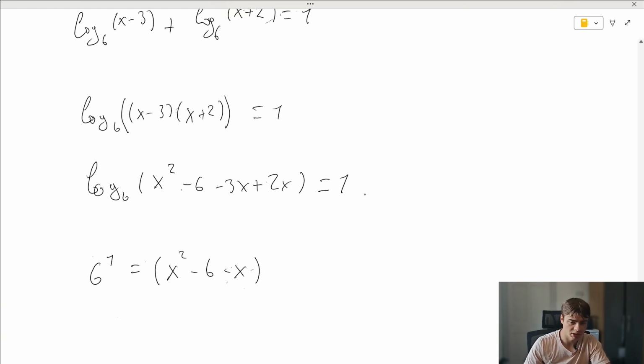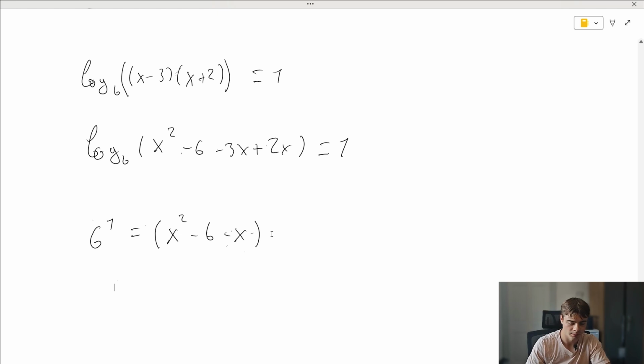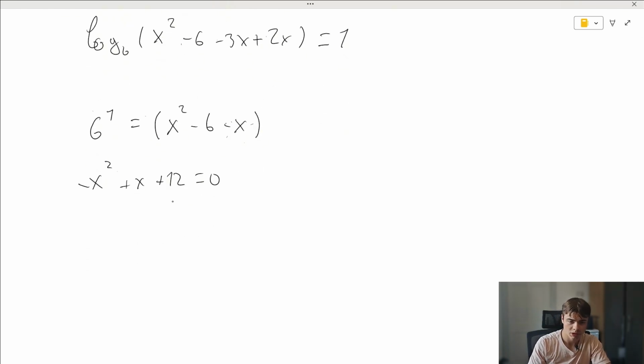We can move everything to the other side, so we get a normal quadratic equation. Minus x squared plus x plus 12 equals to 0. Change the signs, multiply everything by minus 1 to make it easier. x squared minus x minus 12 equals to 0.